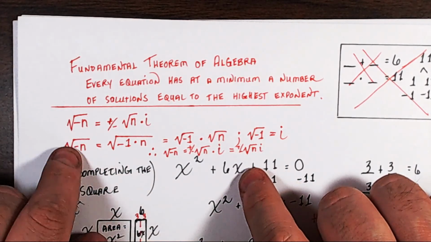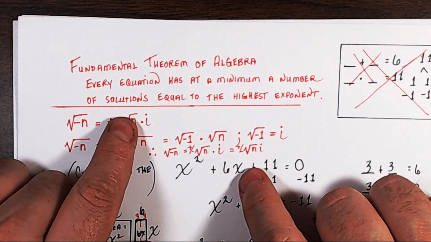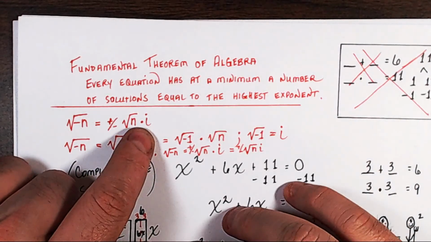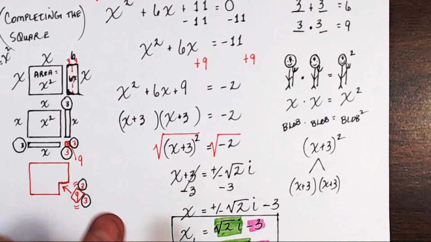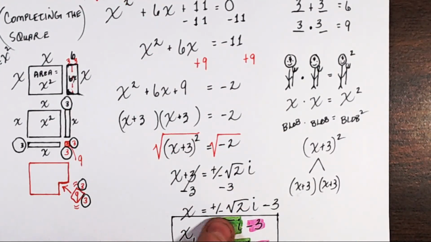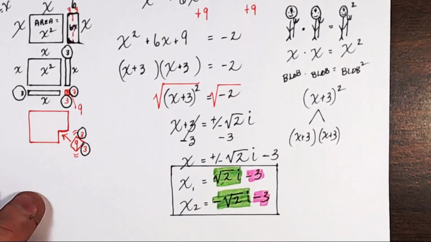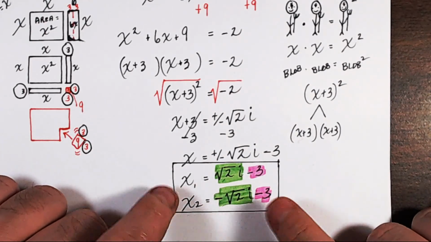So the square root of any negative real number is equal to plus or minus the square root of that number, positive, times i. So in our case, that was plus or minus the square root of 2 times i. In this case we subtracted 3 from both sides. And those are our two complex solutions.